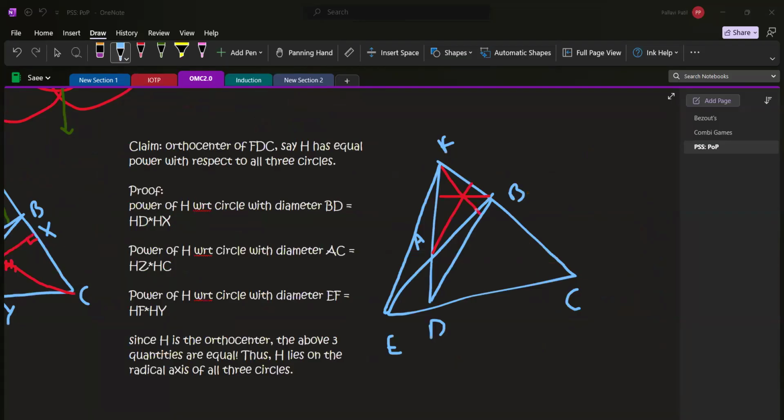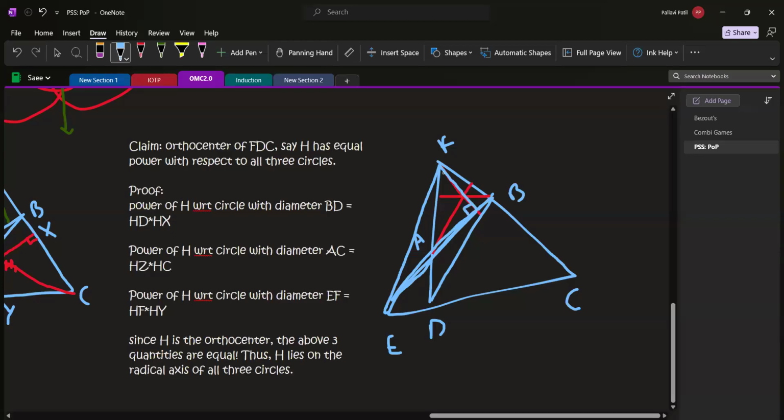When I drop this foot of altitude from F onto AB, that works because now we know that this is 90, and so this point lies on the circle with diameter EF, because this is 90. And similarly, because this is 90, the perpendicular from A, we are going to get that it lies on the circle with diameter AC.